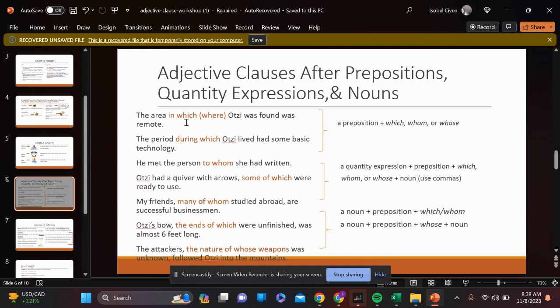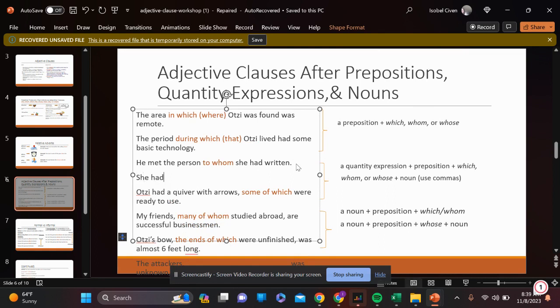You could also say the period when, or actually, the period that Otzi lived had some basic technology. And then he met the person to whom she had written. The reason we use to whom is because the original sentence is she had written to the person.